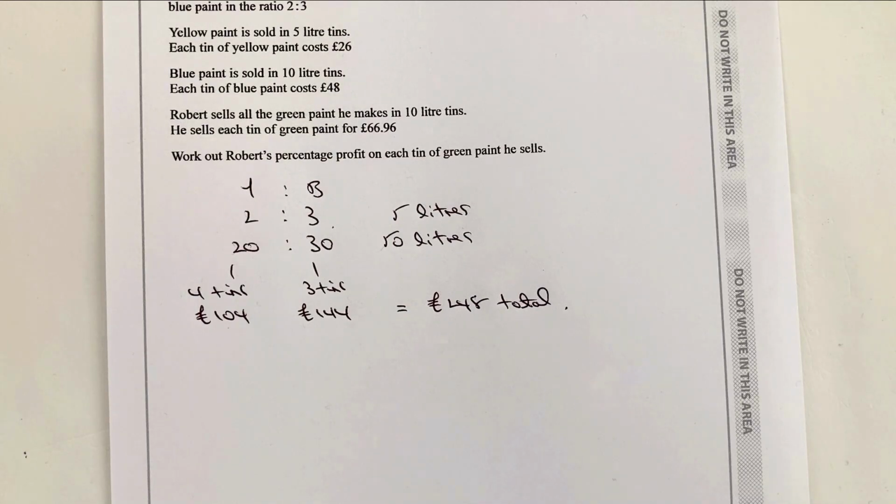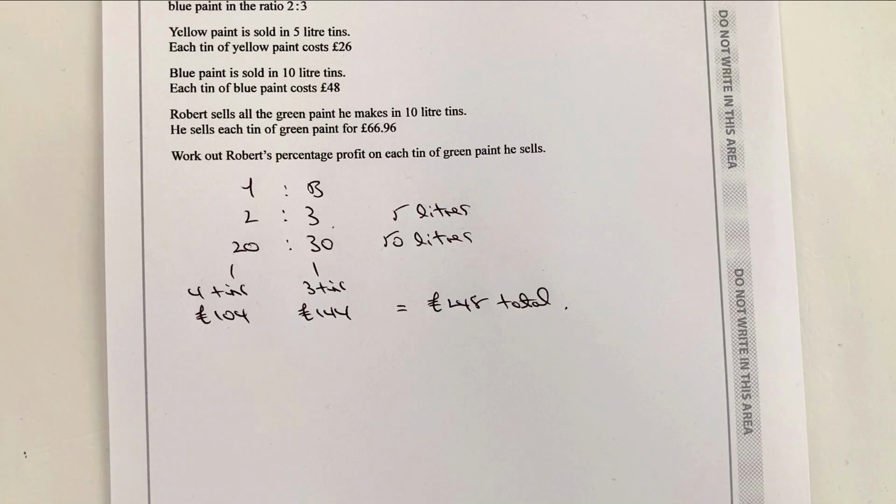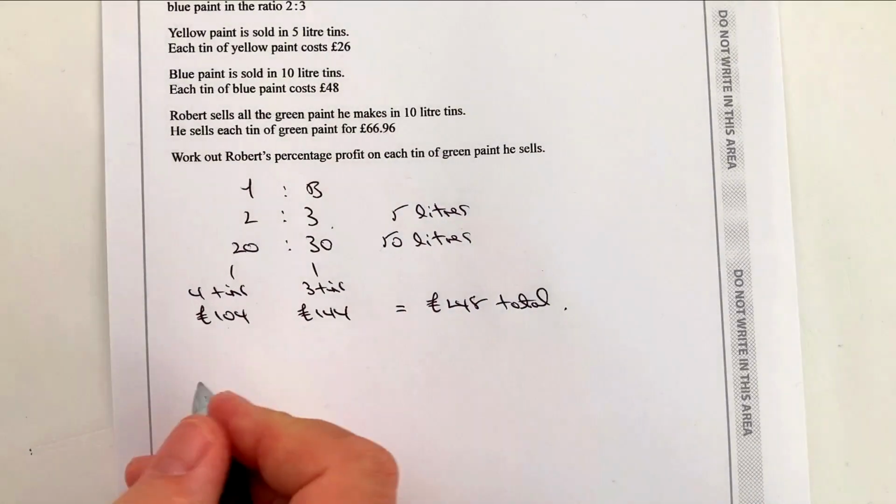Well, he's going to make 50 litres of green paint. If he sells it in 10 litre tins, then he's going to sell 5 tins of them.